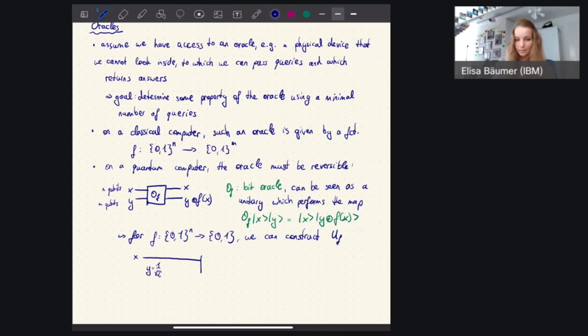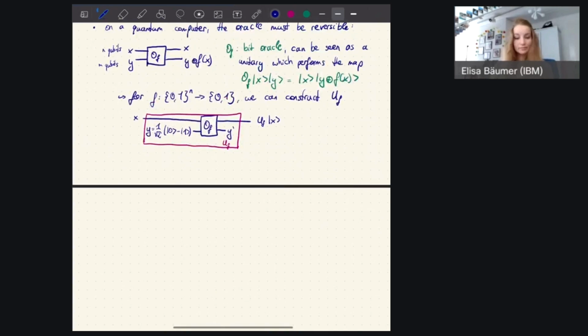It cannot be just any bit or qubit, but it's going to be a qubit in the minus state, so in the state (|0> - |1>)/√2. And then we can act with the oracle O_f on it. We get some output y prime and some output U_f acting on x. And now we consider this whole thing, draw a box around it, and this is going to be our unitary U_f.